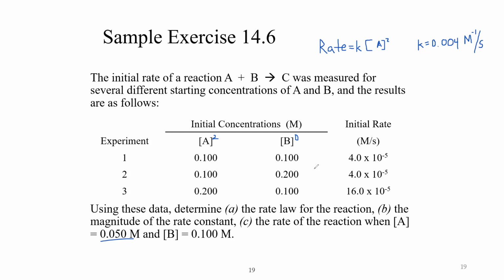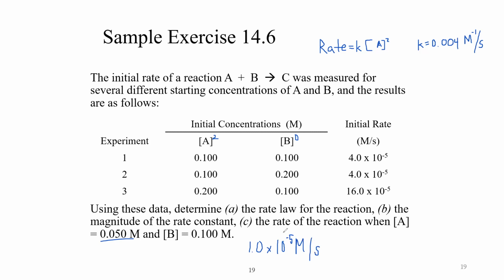So what we can do is take that rate constant, multiply it by the concentration of A squared, and the rate of reaction for part C is going to be 1.0 times 10 to the negative fifth molar per second.